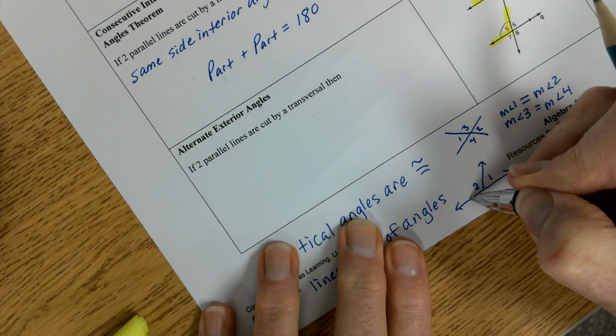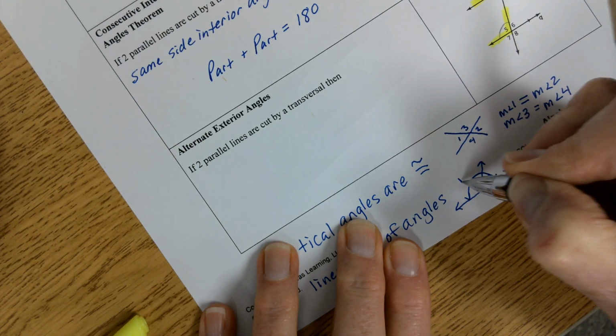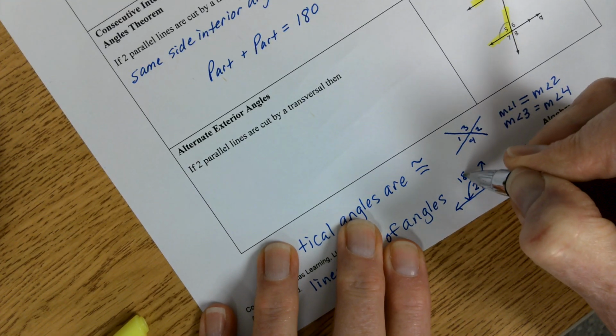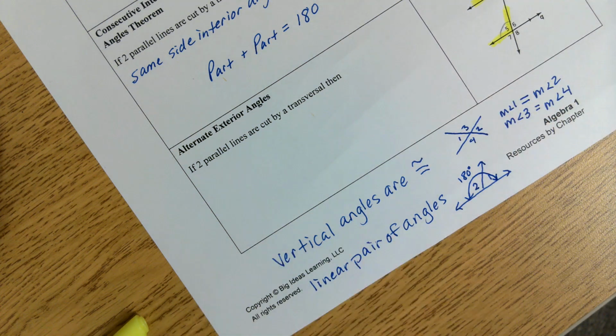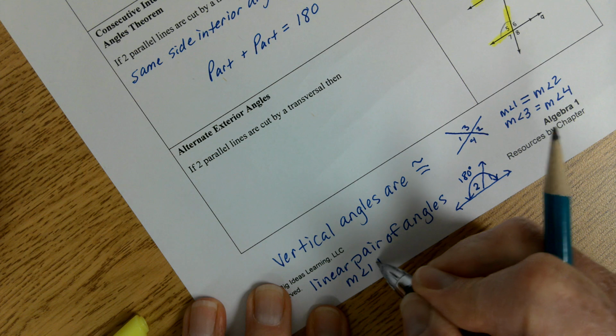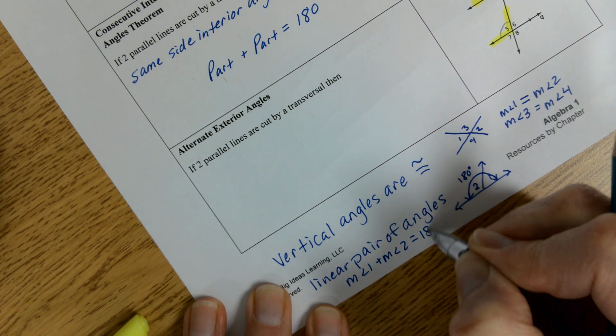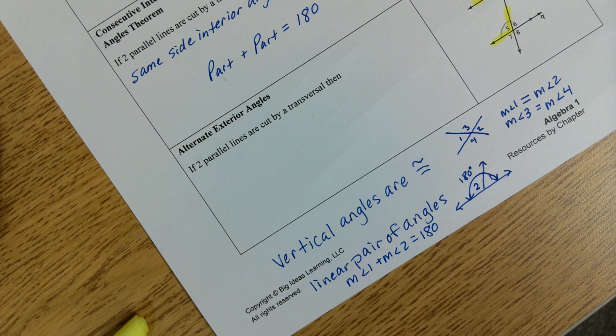The sum of the two angles is 180 degrees. A linear pair is always 180. So measure of angle 1 plus measure of angle 2 equals 180. Okay, let's go back to the alternate exterior angles.